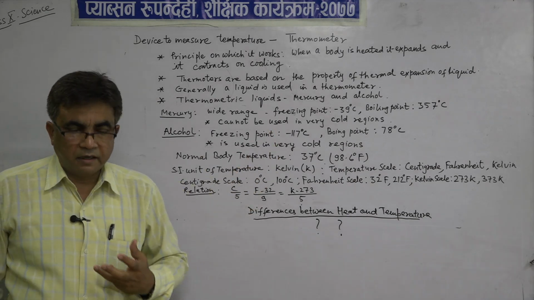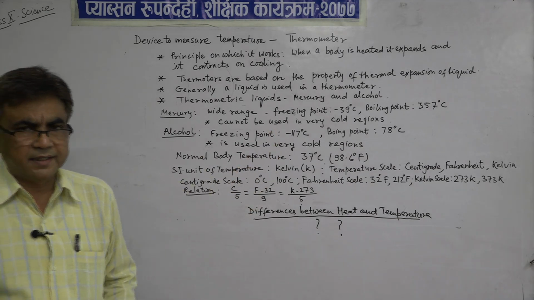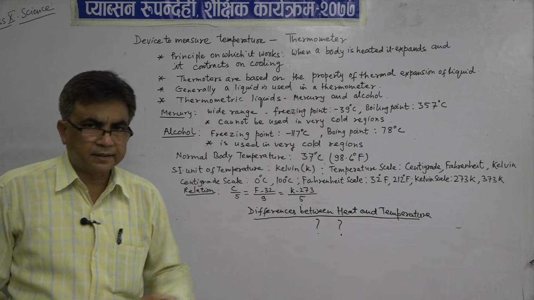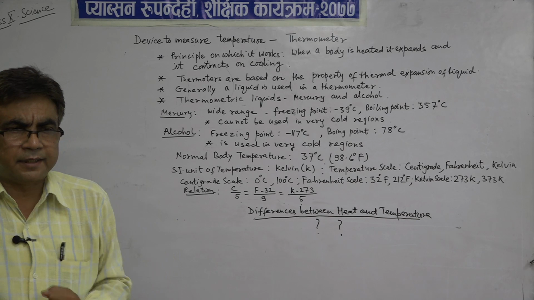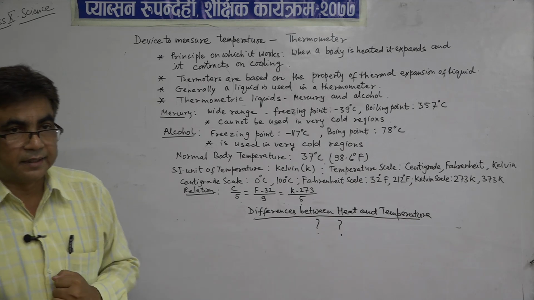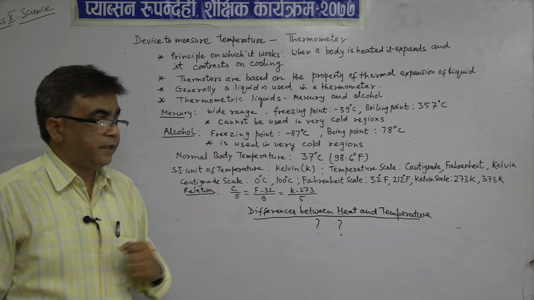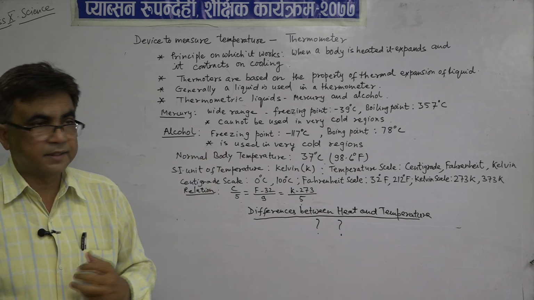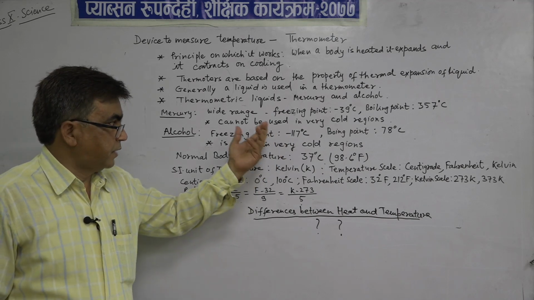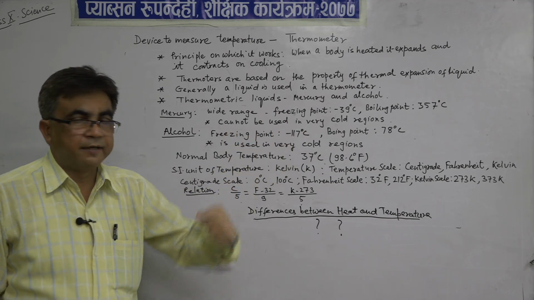But one thing: there are so many places on the earth where the temperature goes below minus 39. So in very cold regions where the temperature goes below minus 39 degrees centigrade, a mercury thermometer doesn't work because it gets frozen. That's why it cannot be used in very cold regions.